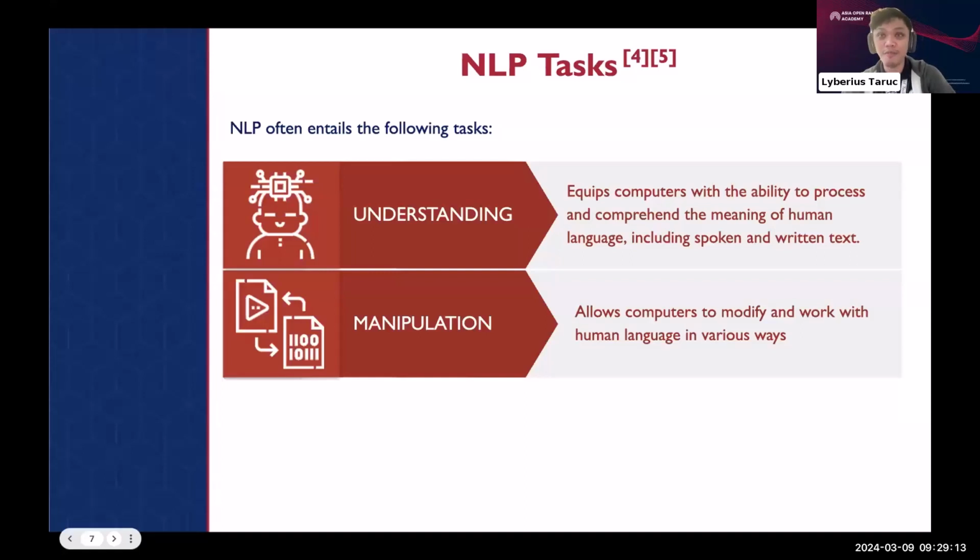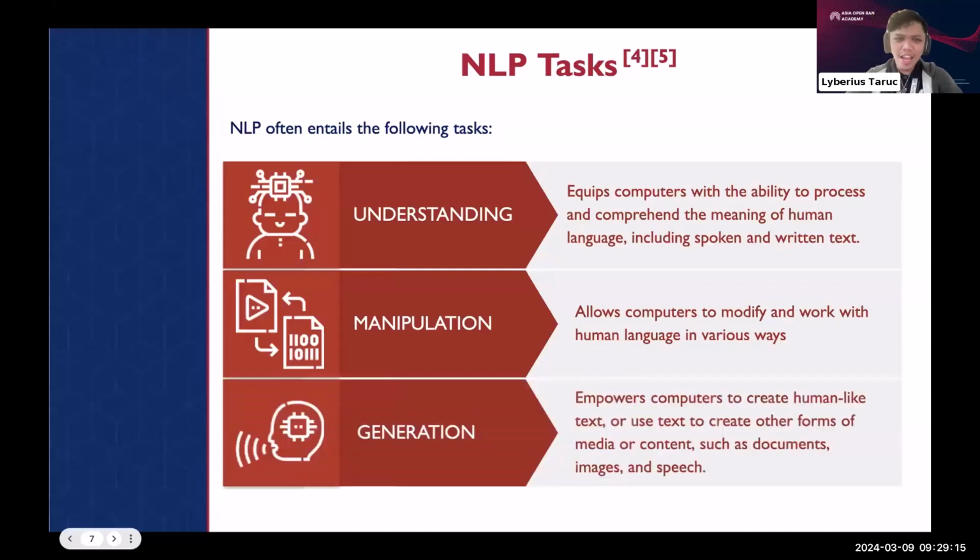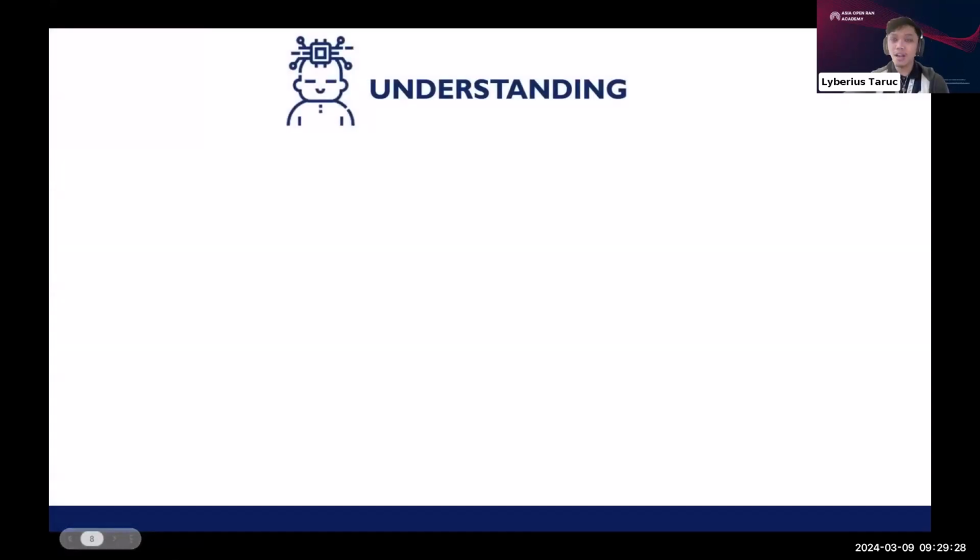So that is a form of manipulation. And lastly, generation. It empowers computers to create human-like text or use text to create other forms of media or content, such as documents, images, and speech.